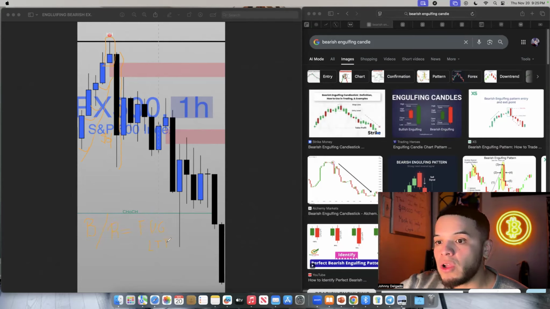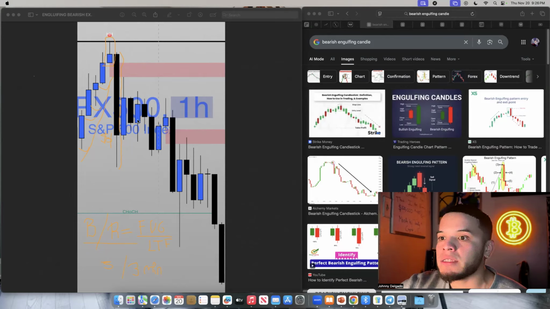Whatever lower time frame you use, whether it's the 5-minute or the 3-minute, which is what I use, you want to look for a fair value gap and a break and retest while this is happening. This is going to be the major confluence, the lower time frame break and retest and fair value gap, that tells you, hey, we're going to go down.